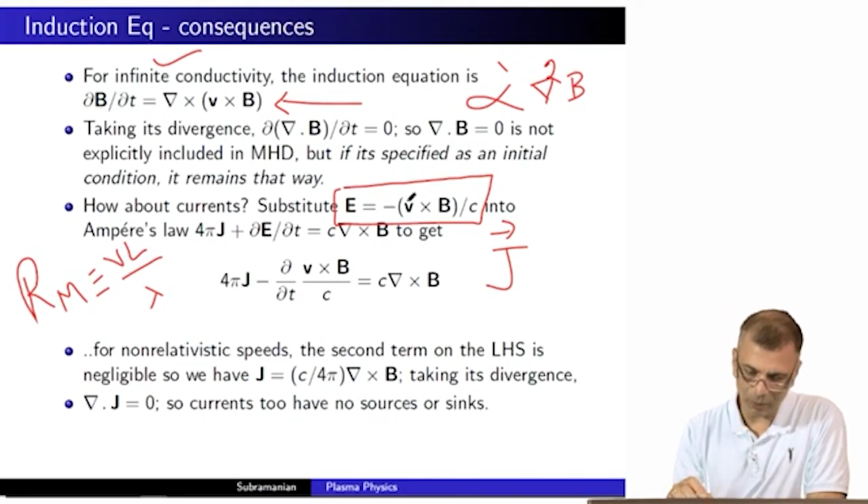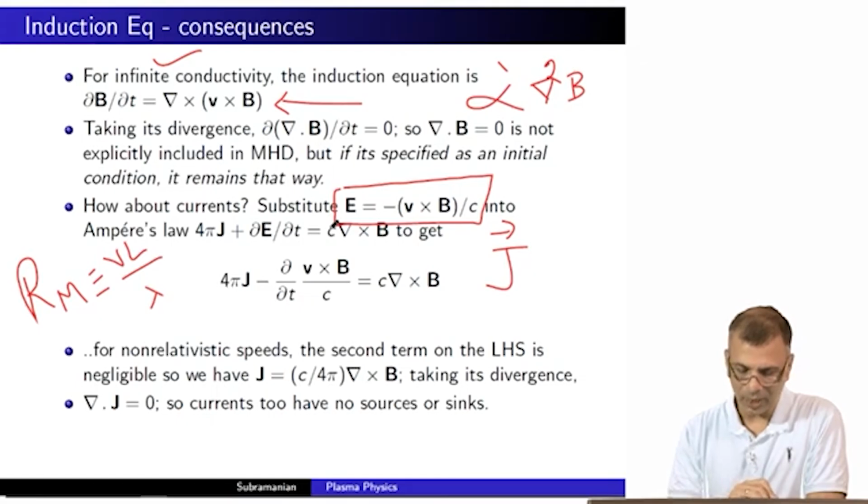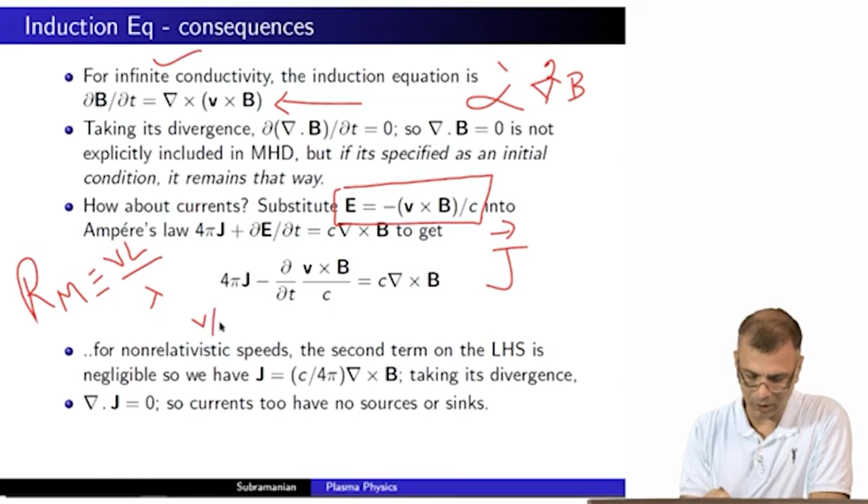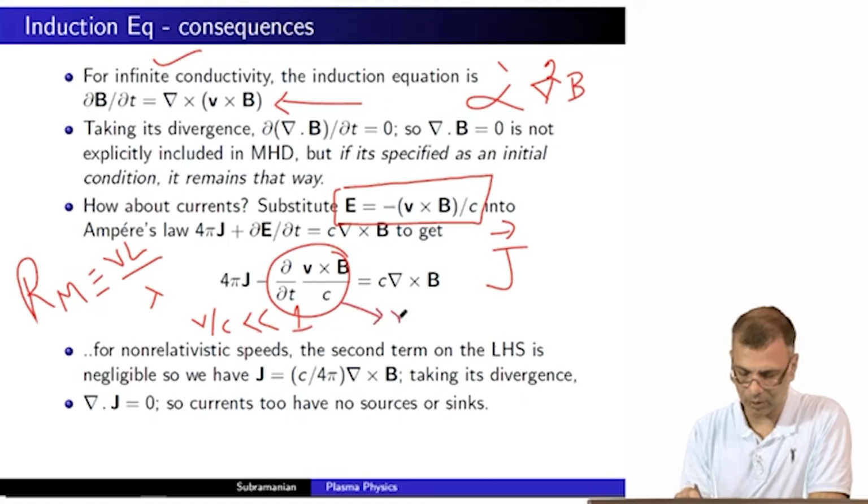Okay, so now what we do is we substitute this in Ampere's law to get this kind of an equation. Okay, and for non-relativistic speeds, when V over C is much less than 1, this term is negligible, right?